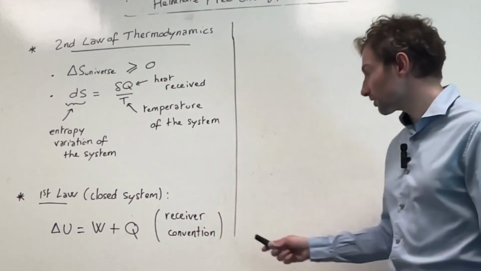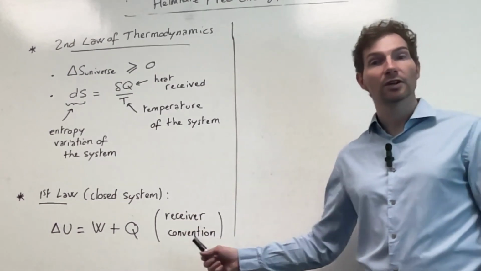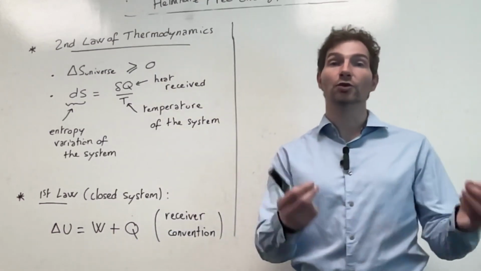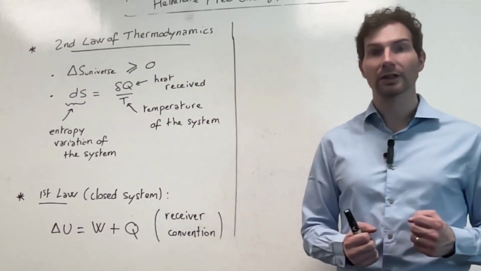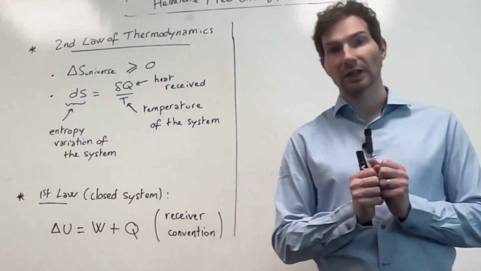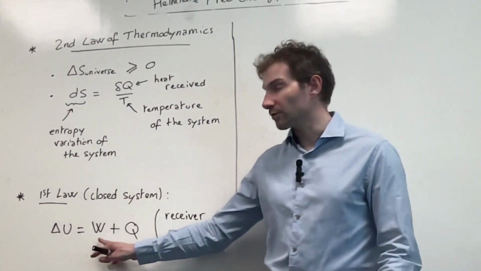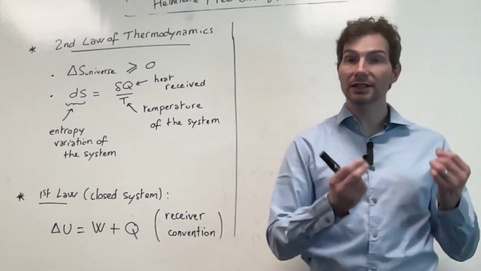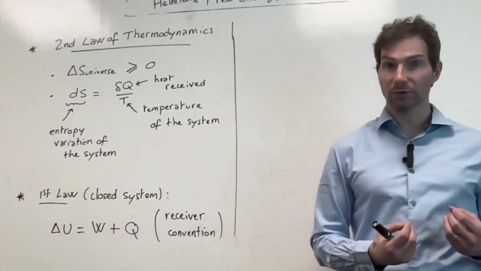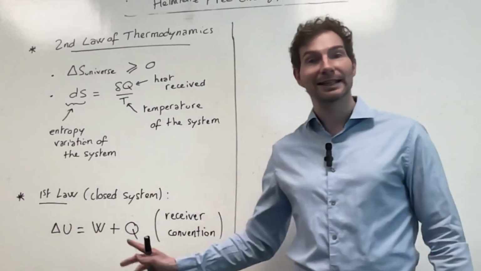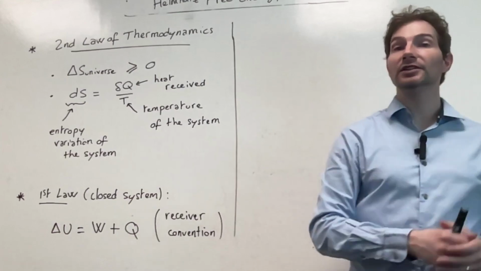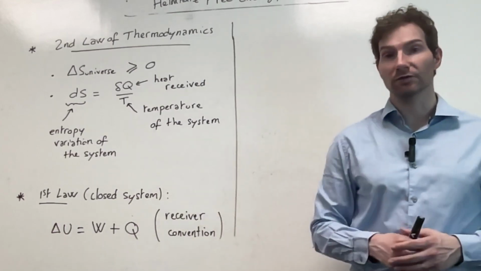Here, I'm in a fully so-called receiver convention where both W and Q correspond to energy received by the system. So if W is positive, that means that the system has received energy. If W is negative, that means that the system has emitted and lost energy into its environment.